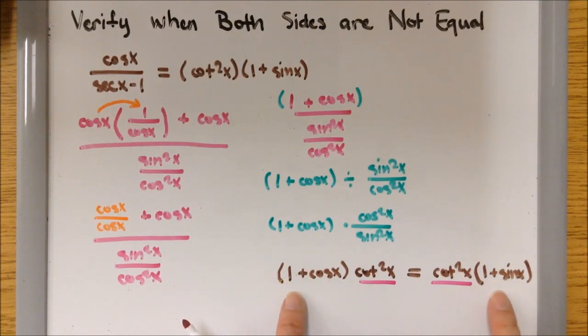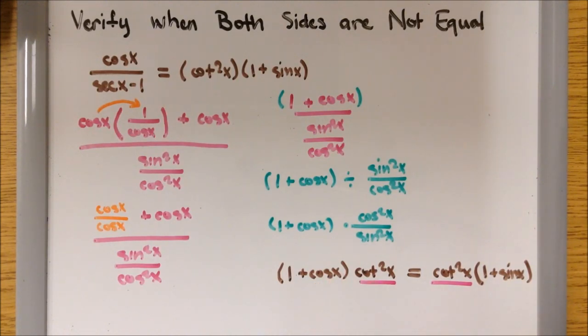Now we know we have that 1 on the left side, we have cosine x, and on the right side we have sine x. So that means that they're not the same on both sides. So when we verify, the left side was supposed to equal cotangent square x times 1 plus sine x, which it didn't happen. We end up with cosine x.